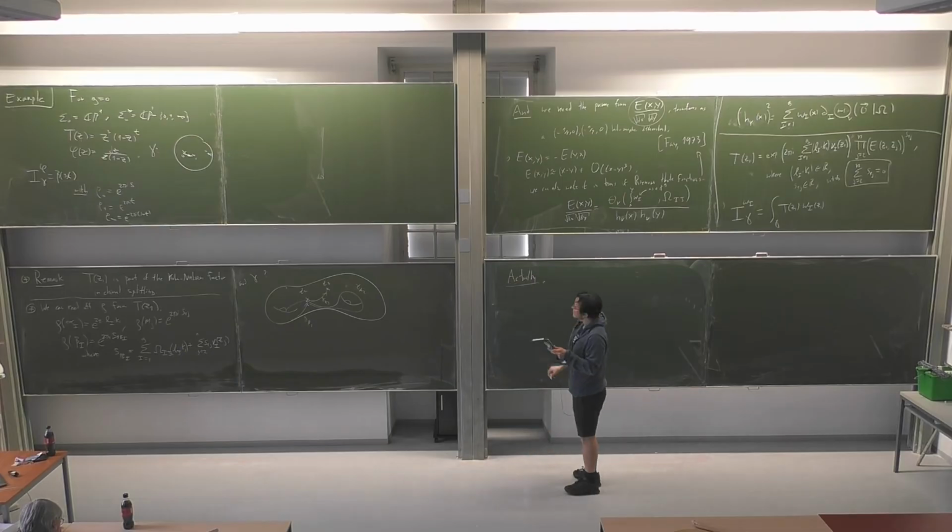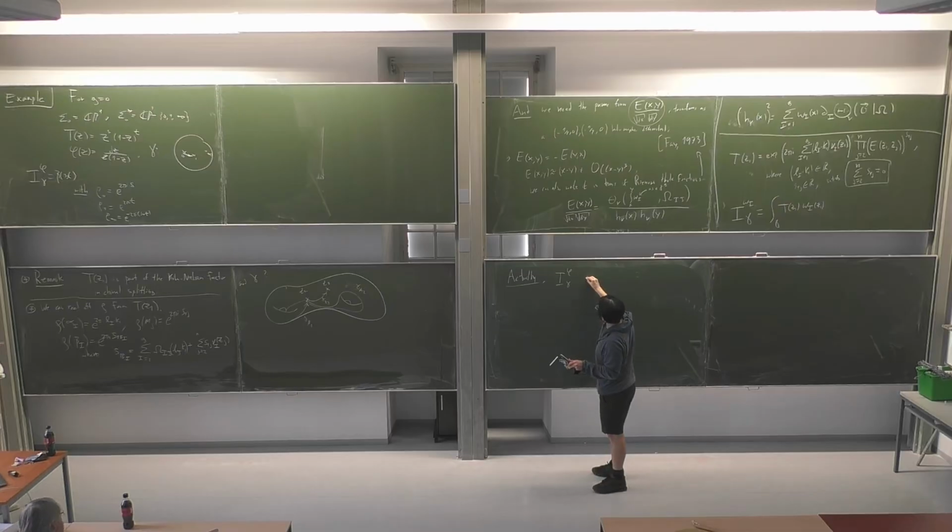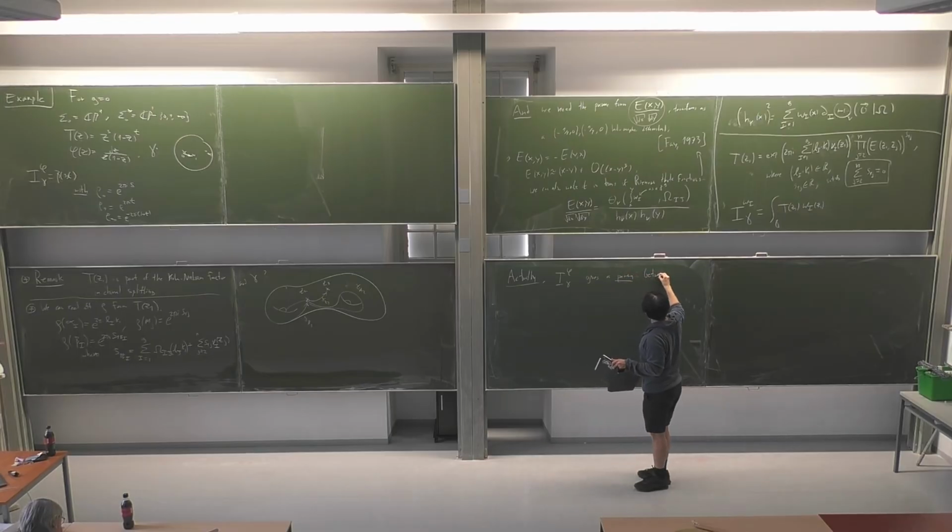Actually, whenever we write such a hypergeometric integral, we're giving a pairing between some homology and cohomology.